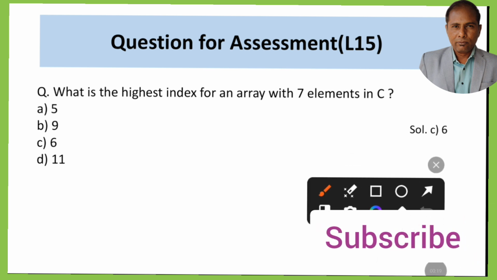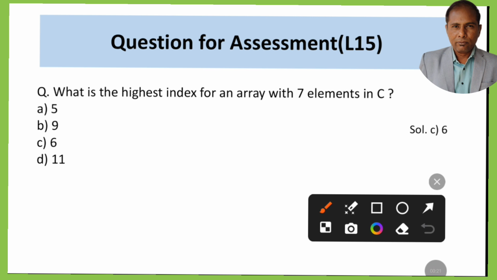In the previous lecture, we gave you the question: what is the highest index for an array with 7 elements? If an array has 7 elements, what will be the highest index of the array?